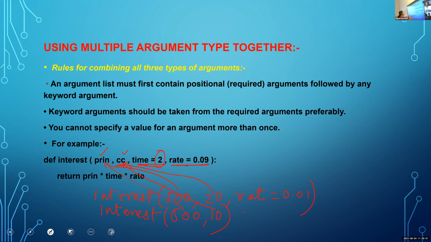The second value is assigned to the second formal argument. After that we are using 2 default arguments. If there is no value in the function call statement for a default argument, there is no problem. It will take the default value. 2 is the value of time and 0.09 is the value of rate. Is it clear? Okay.